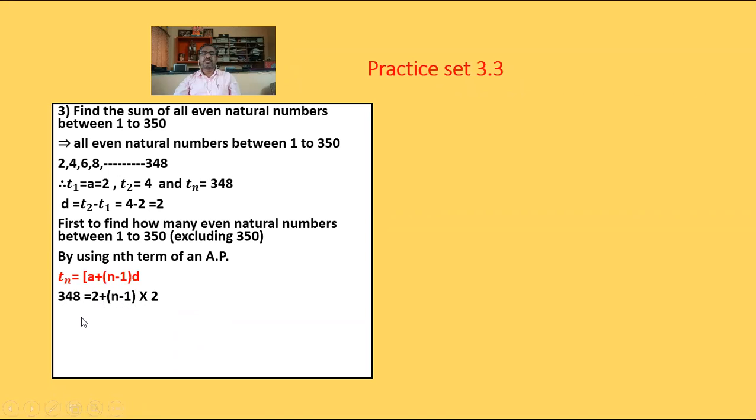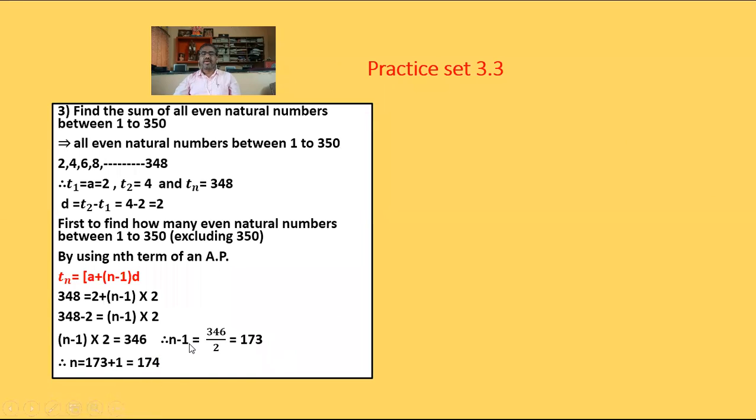This plus 2 goes to the LHS side, then you get 348 minus 2 is equal to n minus 1 multiply 2. n minus 1 multiply 2 is equal to 346. This 2 goes to the RHS side, then you get divide. n minus 1 is equal to 346 upon 2 is equal to 173.